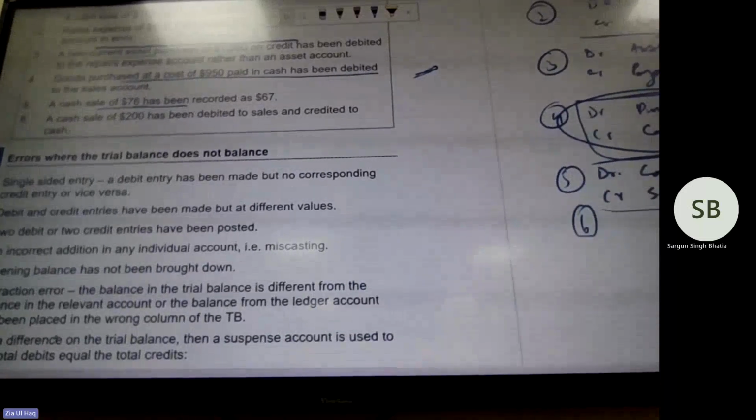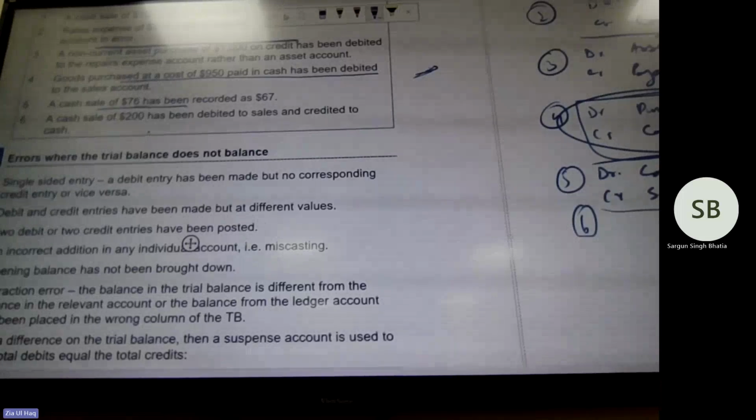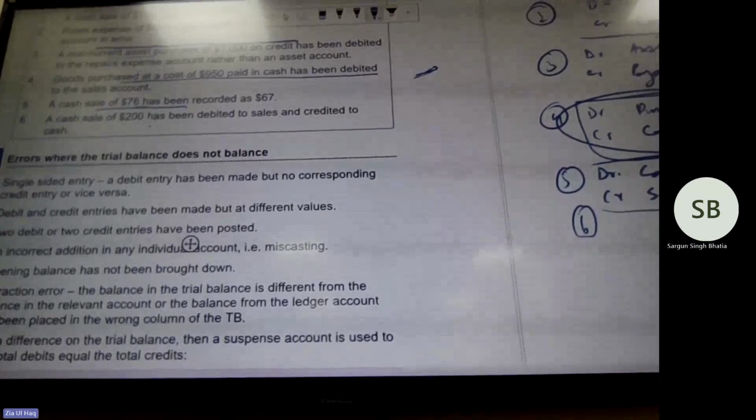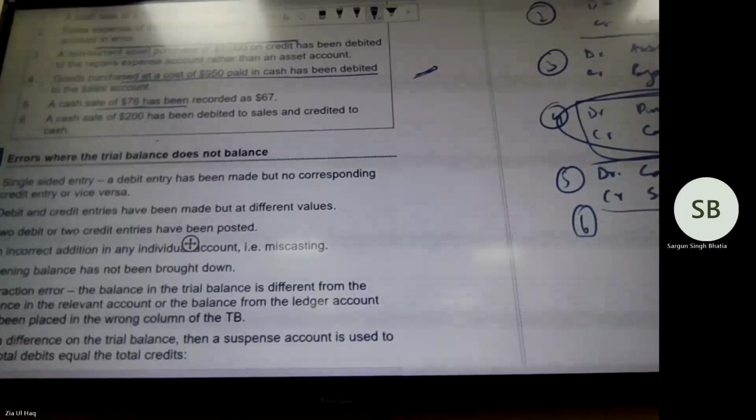A cash sale of 200. What is the entry of a cash sale? The entry of cash sales is debit cash, credit sales. It should have been recorded like this, but it has been debited to sales and credited to cash.